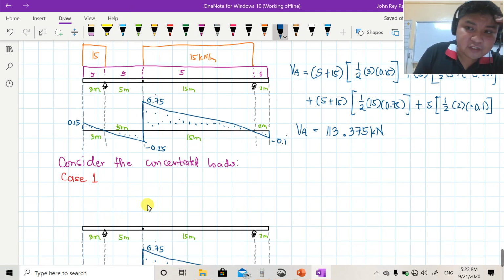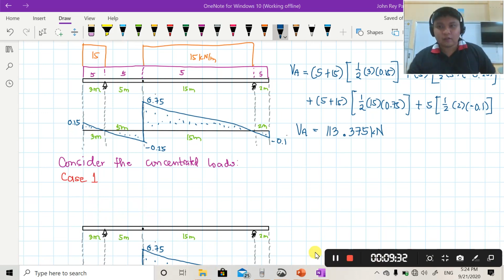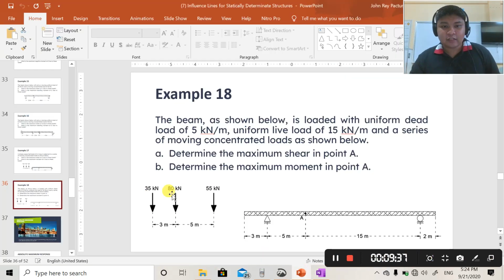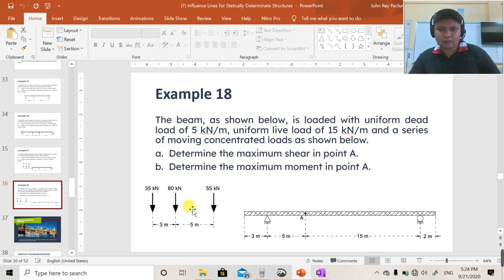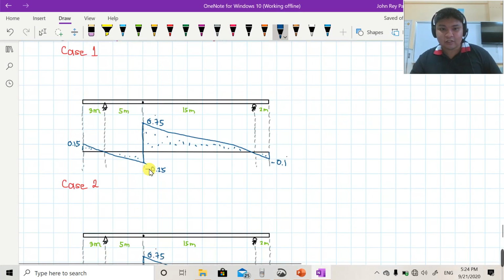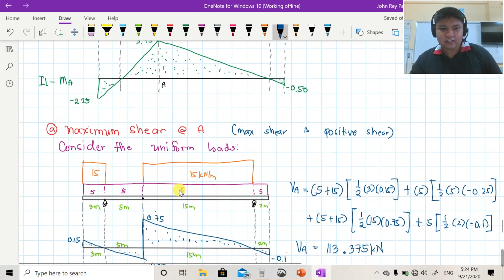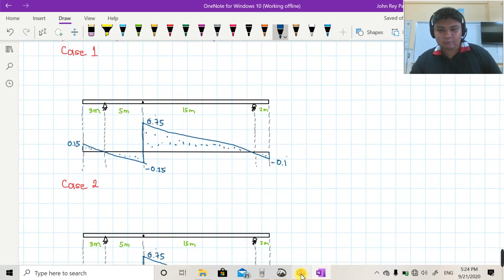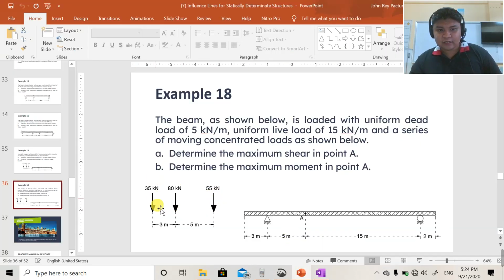So, we need to consider the series of concentrated loads. So, i-consider natin yung tatlong cases kasi nga meron tayong tatlong concentrated load. Ilalagay mo lang naman siya doon sa point A yung isa sa tatlo, kasi nga kung papansinin nyo, the location of the maximum ordinate for shear is nasa point A. So halimbawa, for case 1, nandito siya 55, 80, and 35.